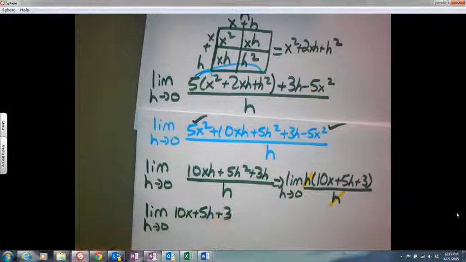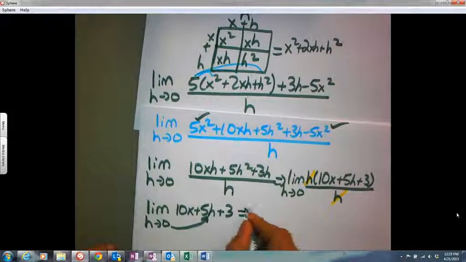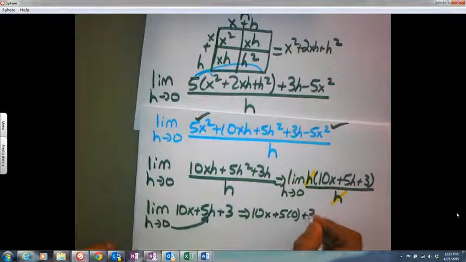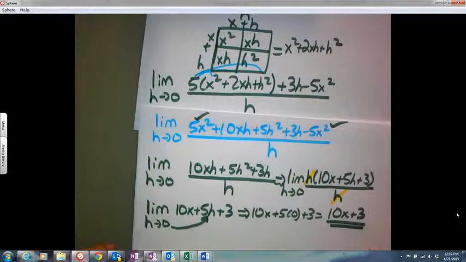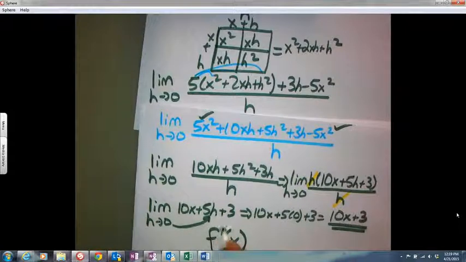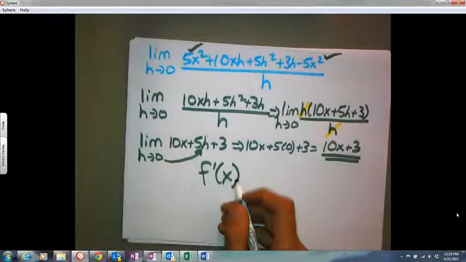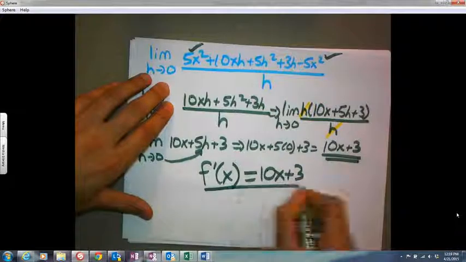Now, evaluate the limit, take the 0 inside. So what we just found is f prime of x, the derivative, slope of the tangent line, at any point equals 10x plus 3. That's B. Let me take some questions on B.